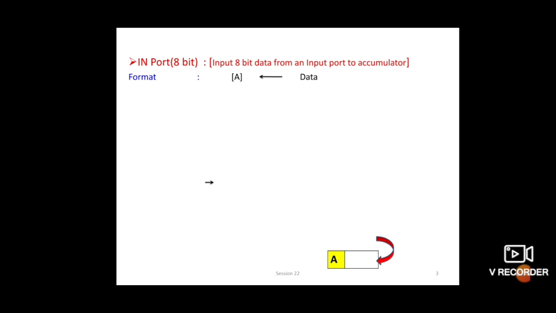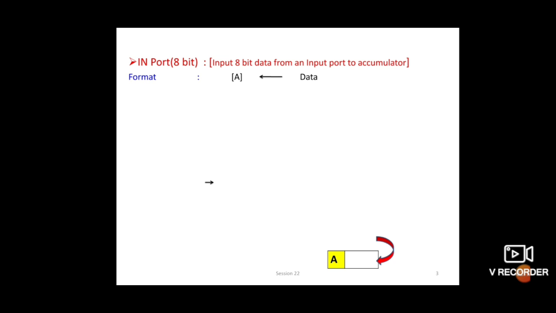Means what this instruction does: the current 8-bit content of the port, whatever data is available in the port, is transferred to the accumulator. Due to this instruction, data is transferred to the 8085 microprocessor through the port, that is, into the accumulator, because the 8085 microprocessor has an accumulator.